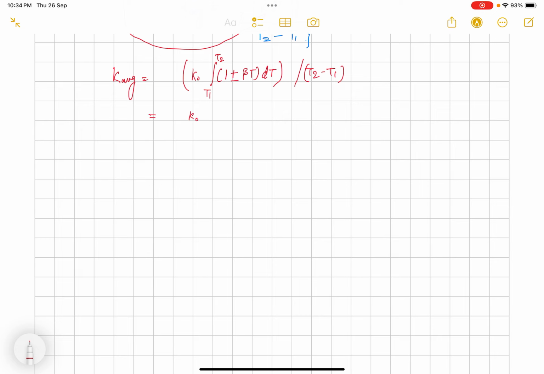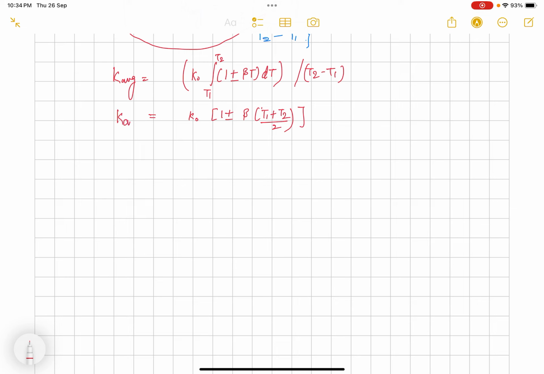So if you solve it, the average value will come out to be K naught (1 plus minus beta (T1 plus T2) by 2).